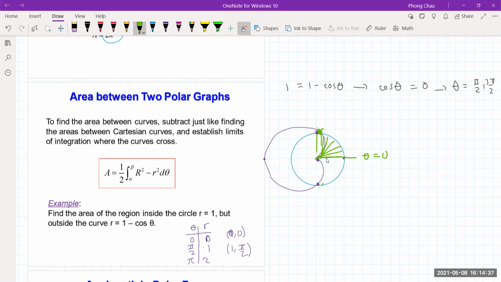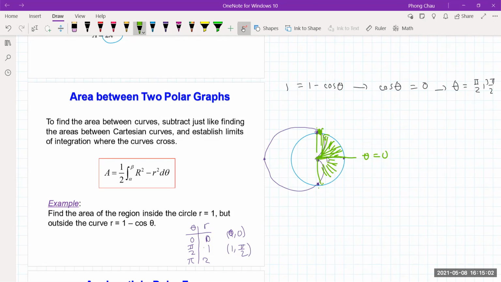So the best way to do it is I'm going to find the area of this part, in the first quadrant, and then I double it. Otherwise, you probably have to start slicing down here and then move from one side to the other.